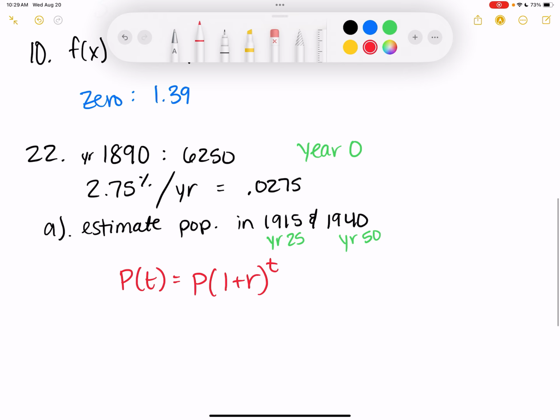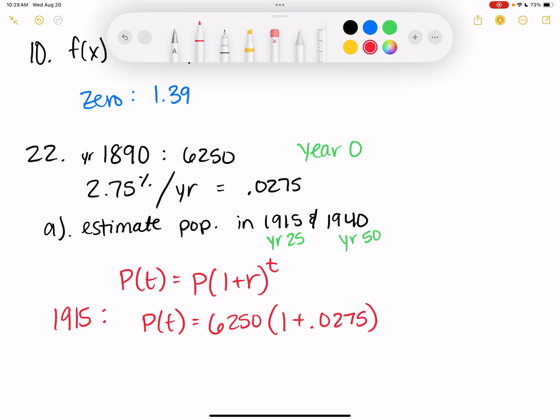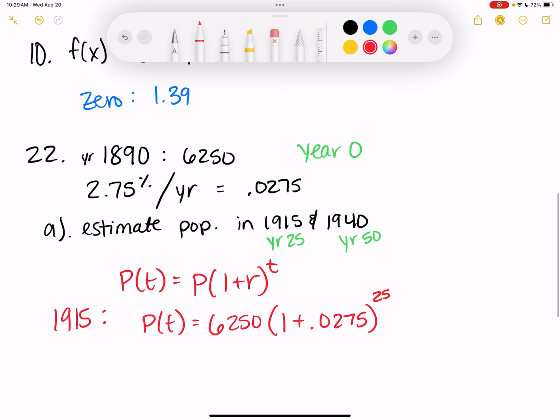So for the year 1915, we're going to have P of t equals 6,250 times 1 plus 0.0275 raised to the 25. Then we'll just use the calculator to get that answer.